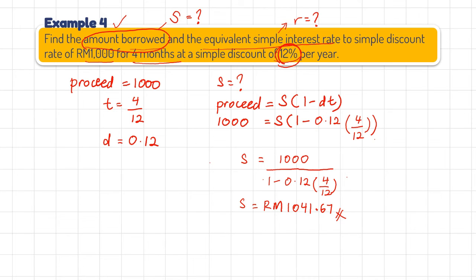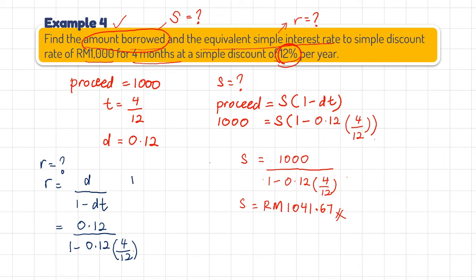The next question is we need to find the equivalent simple interest rate. The formula is R equals d over 1 minus dt. Just put all the information that we have inside the formula: 0.12 divided by 1 minus 0.12 times 4/12.